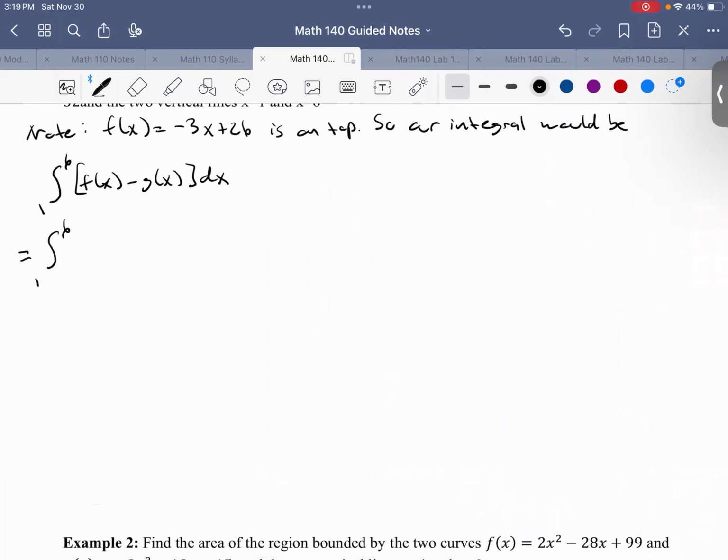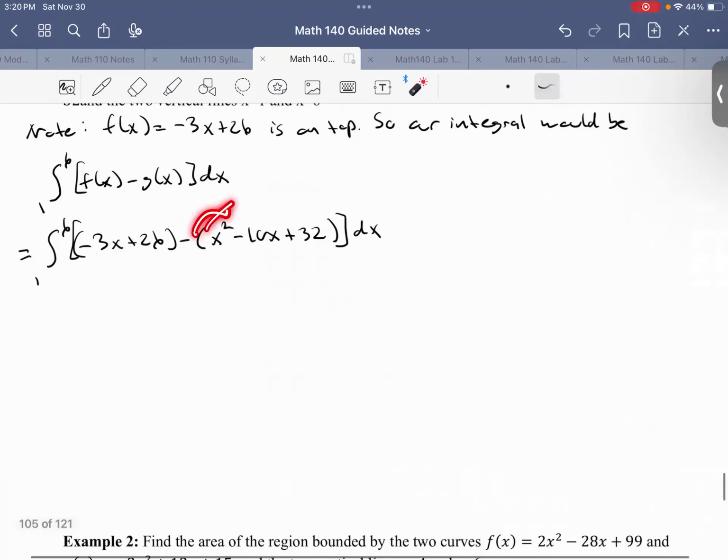1 to 6, negative 3x plus 26 minus x squared minus 10x plus 32. It's important to keep track of this negative because it's going to distribute into our bottom function. So let's demonstrate that.